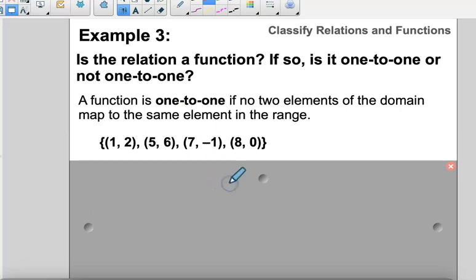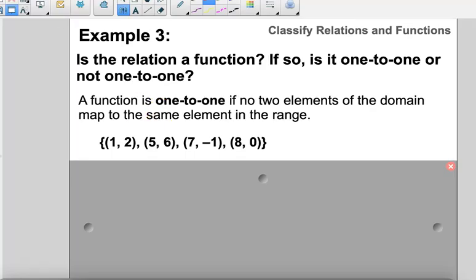So if we look at a set of data, ordered pairs like this: 1 and 2, 5 and 6, 7 and -1, and 8 and 0 as a set. Notice the curly brackets around the whole set, and each individual ordered pair is listed as an x, comma, y point, with a comma in between. So yes, it looks like there's a bunch of commas.